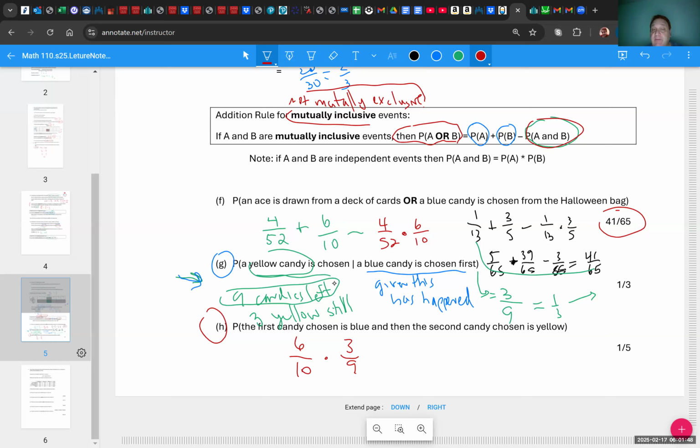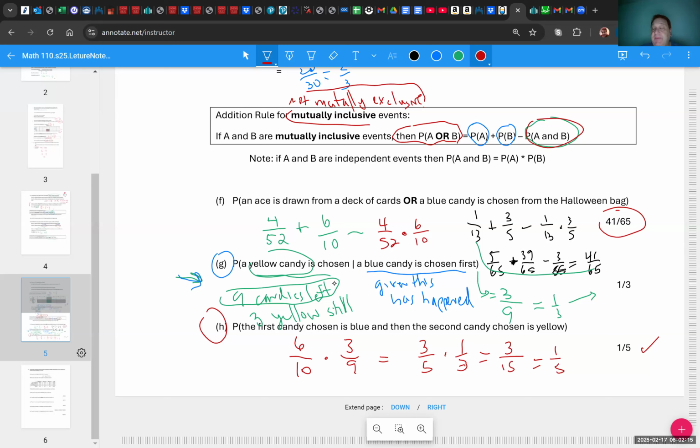So you have to multiply the first event times the probability that the second event occurs, given the first event has already occurred. And this is, well, we can simplify 6 out of 10 is 3 out of 5. 3 out of 9 is 1 out of 3. Now I can multiply across the top. 3 times 1 is 3. Multiply across the bottom. 5 times 3 is 15. And I can simplify to be 1 out of 5, which is in fact the answer that I got previously.